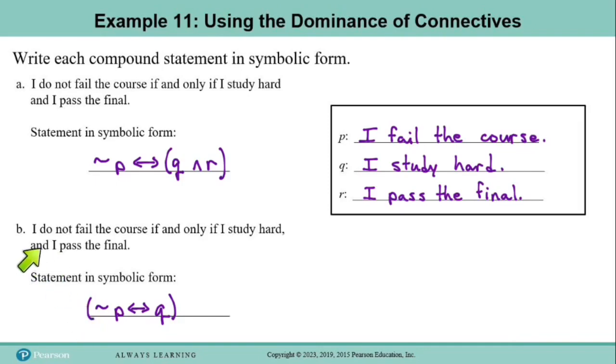And then "and I pass the final" is statement R. So here we have I do not fail the course if and only if I study hard, and I pass the final. See, up here in part A, where we did not have a comma, the passing the final was part of the condition that had to be met in order to not fail the course. But down here, that's not the case. Passing the final is outside of the if and only if statement.